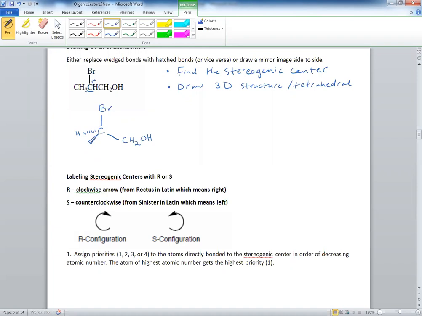One way of making the solid wedge, less work for you to fill in, is to make it thinner rather than thick. So you have the H, the CH2OH, and then the Br. So here it is. Of course, we will see this in the skeletal structure.